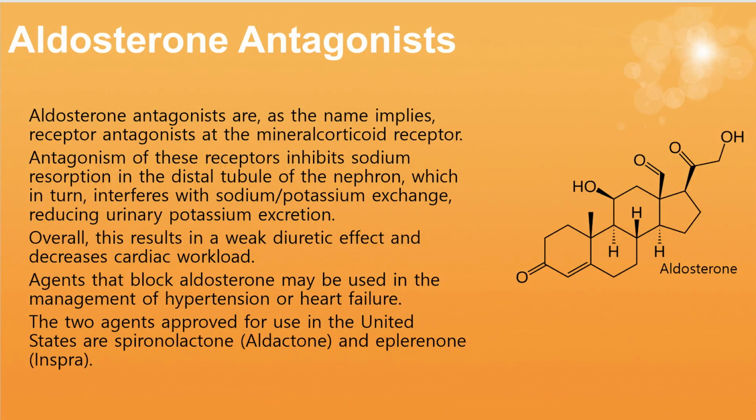The two agents approved for use in the United States are spironolactone and, you have to help me with this one, eplerenone or Inspra. So we have the structure of aldosterone here, and we're going to see it again on this slide.